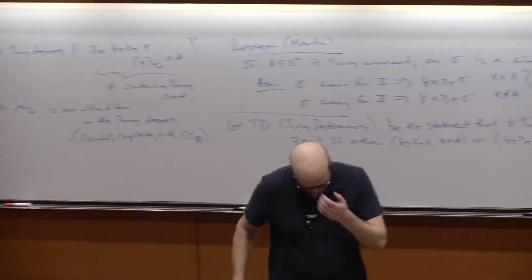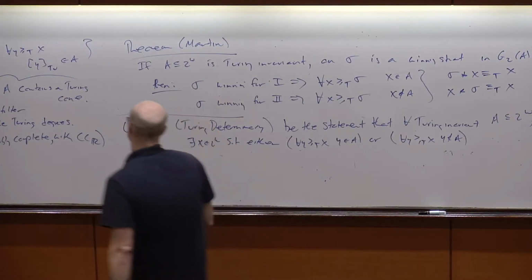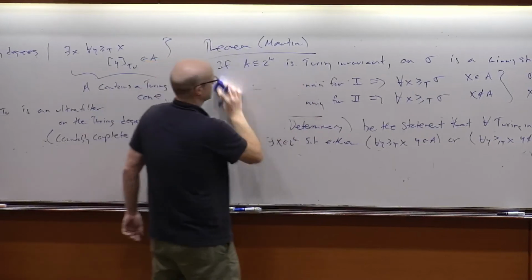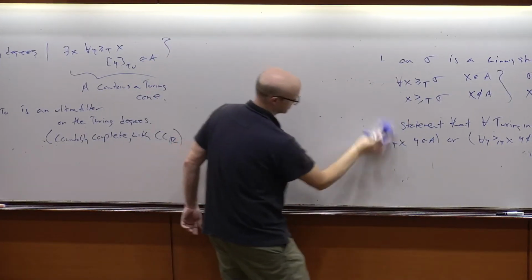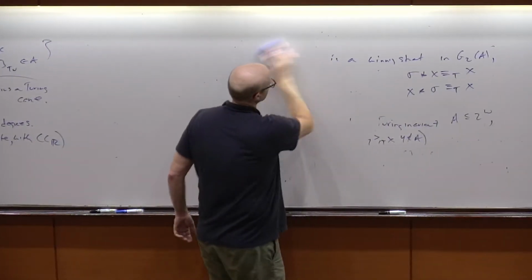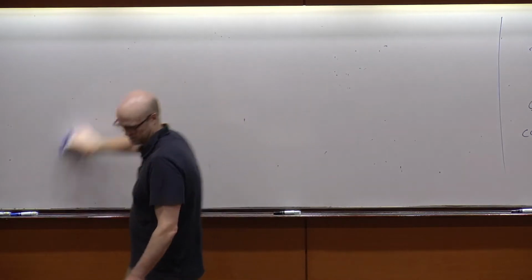Now sometimes we will actually use it for the actual Turing degrees, but often we use it for equivalence relations that contain the Turing degrees. So I'm just going to call these good for the moment, well, for these two lectures.